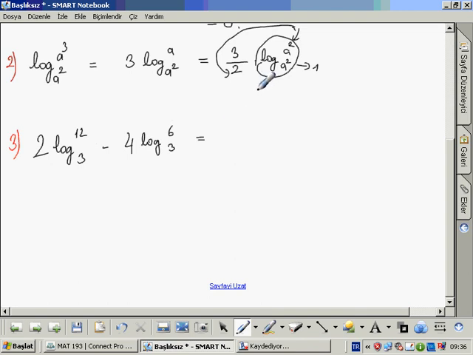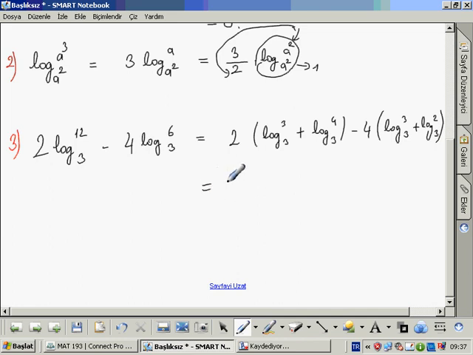So it's equal to 2 times the logarithm of 3 to the base 3 plus the logarithm of 4 to the base 3, and minus 4 times the logarithm of 3 to the base 3 plus the logarithm of 2 to the base 3.